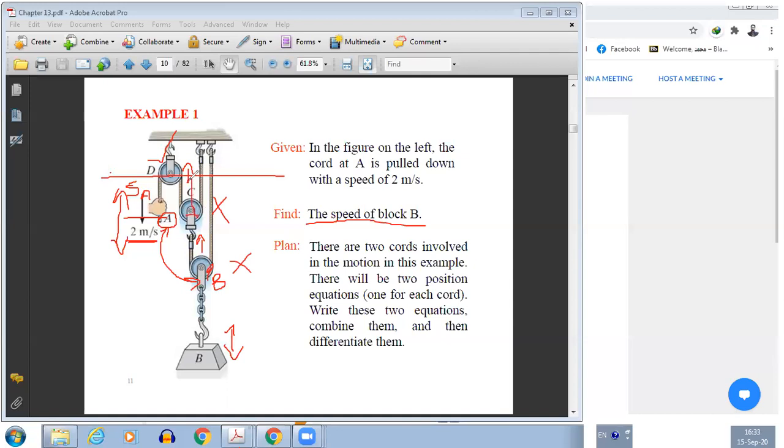Remember, SC is different than SA because SA will increase when SC will decrease. When SA increases, SC will decrease. So just by the nature of the problem, you will understand that SC is different than SA. Okay, and then you can have one SB here from the datum to this pulley. Okay, drawing everything here by mouse is difficult, so let's move towards the actual picture so that you can see it.